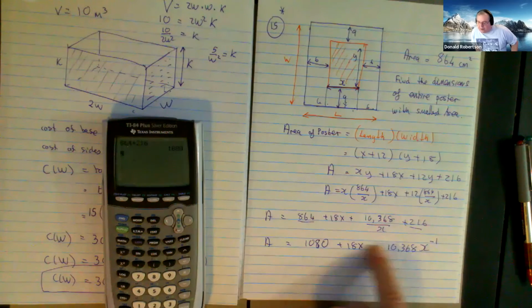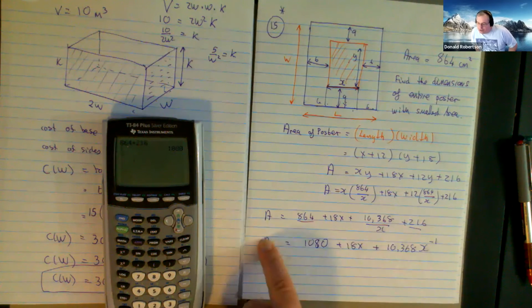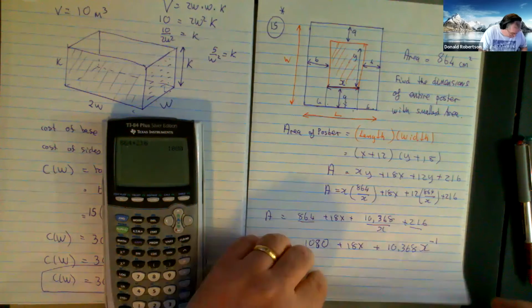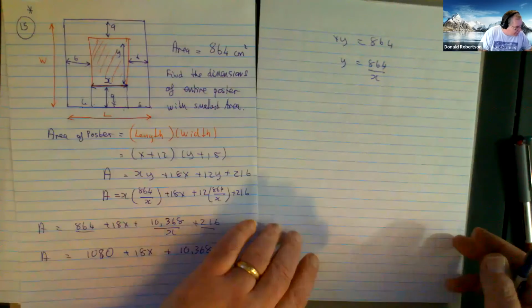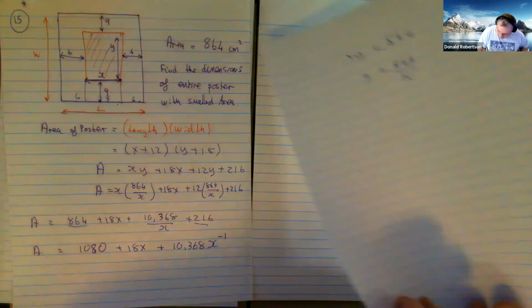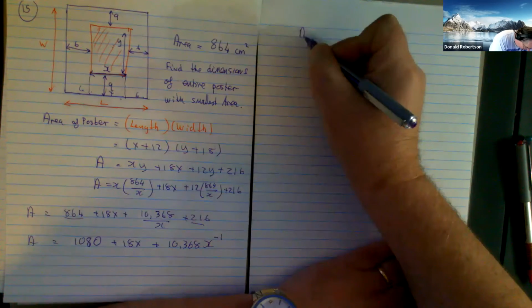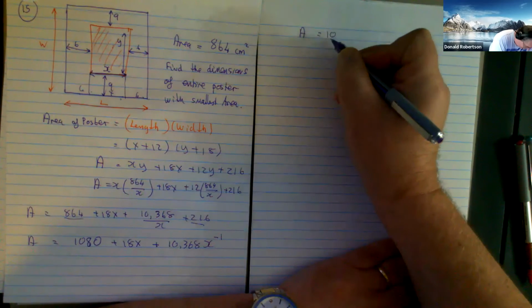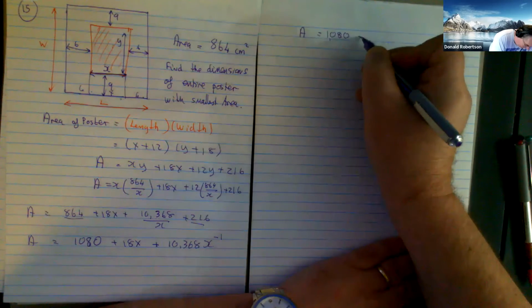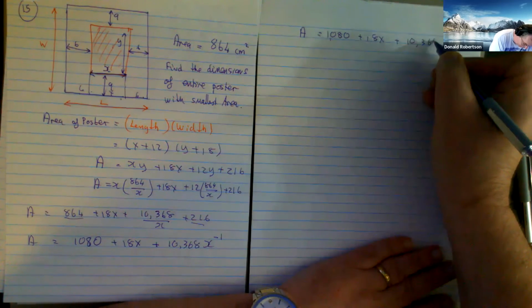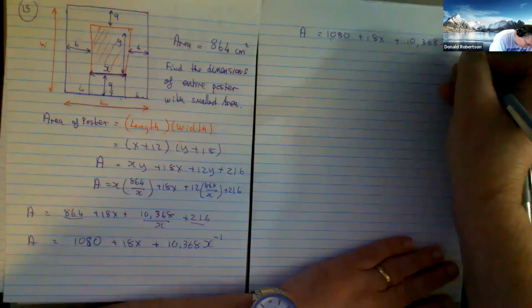That's the hardest part, in my opinion. Once you got that guy, don't you just differentiate and find out when it's 0, right? So let's work on doing that. Just rewrite it. 1,080, 18x, 10,368 x to negative 1.